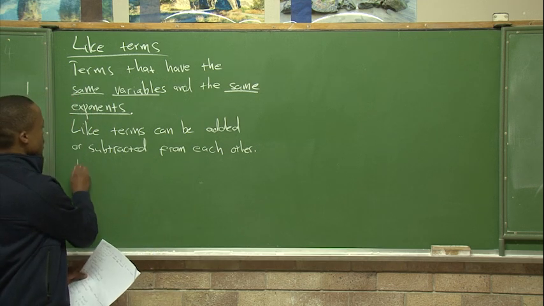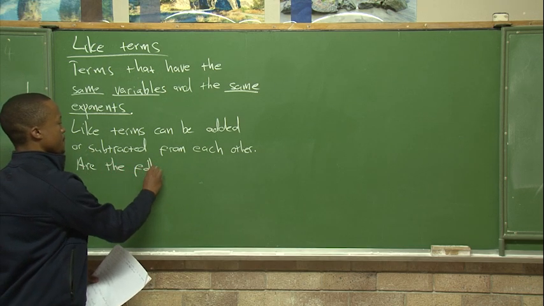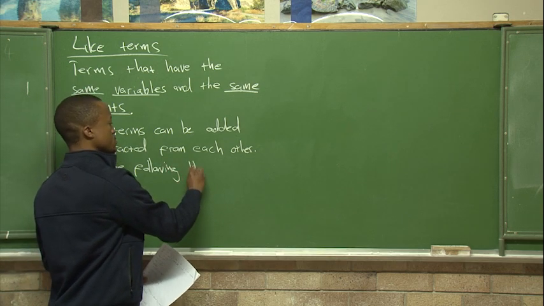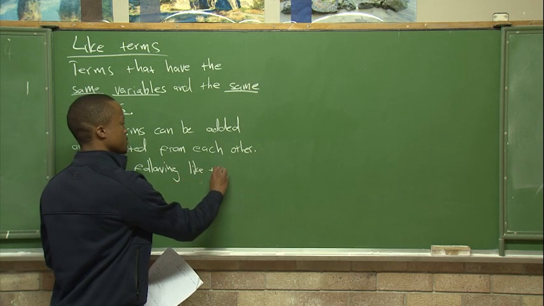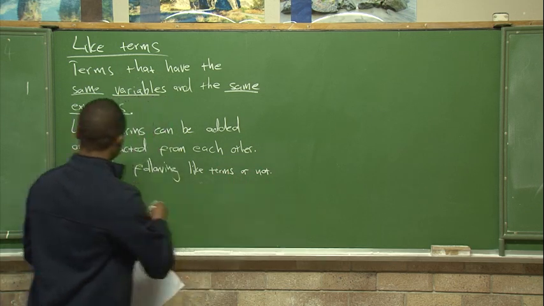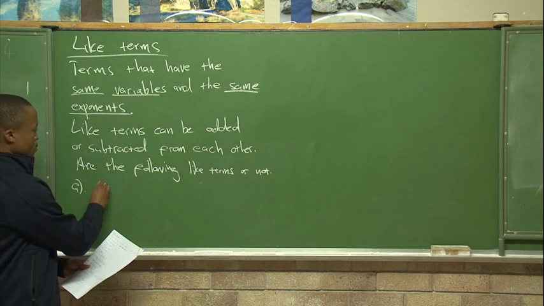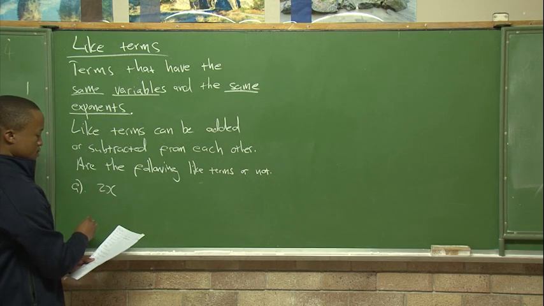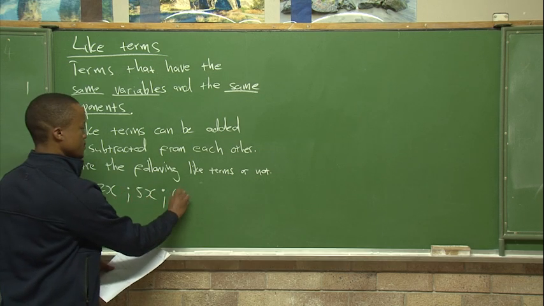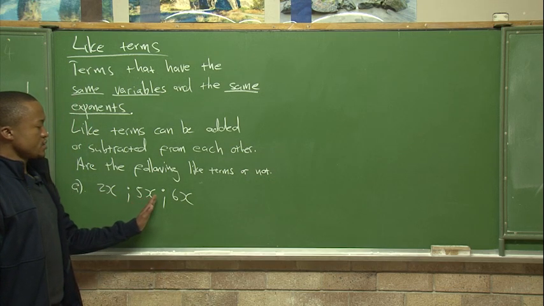So the question is, are the following like terms or not? Let's look at A. We have 2x, 5x, and 6x.